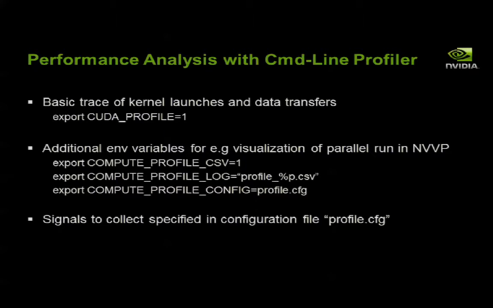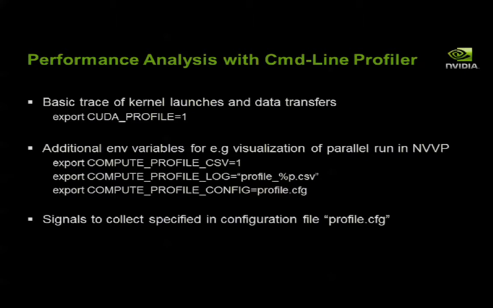So on the performance analysis, I mean, after all, GPUs are there to make code fast, so performance analysis is kind of a key feature. The easiest and oldest way to profile code with CUDA is the command line profiler.